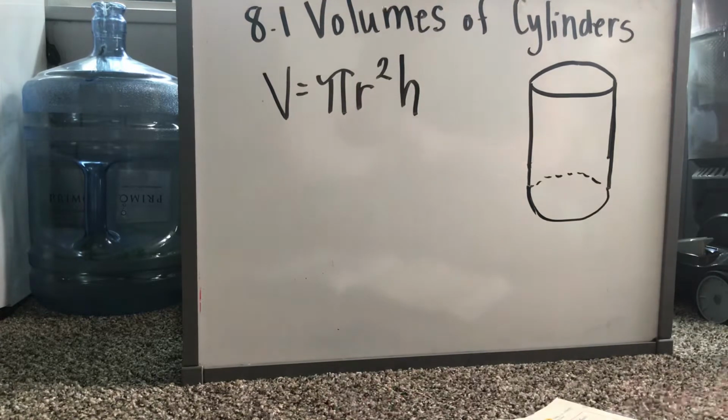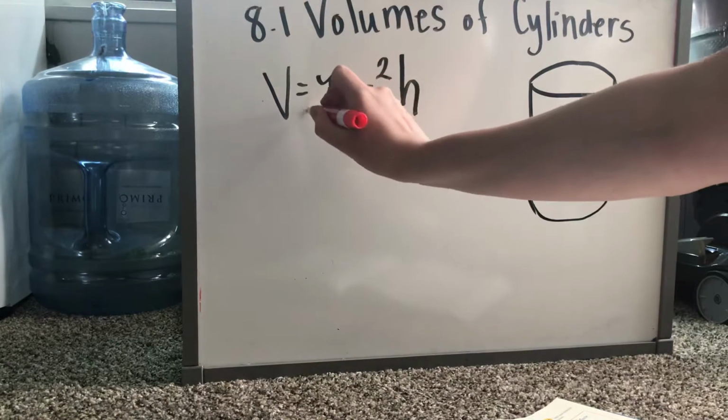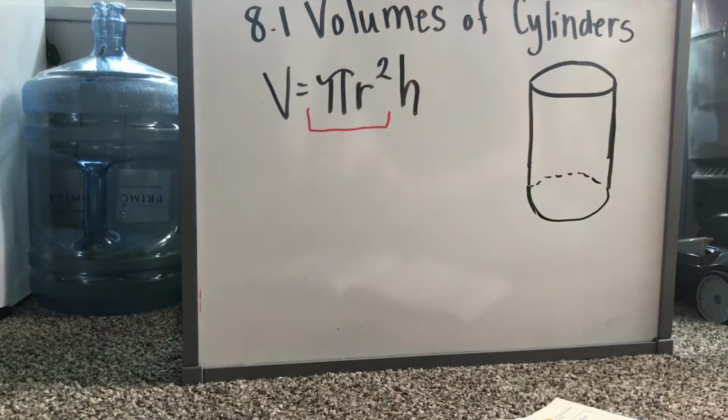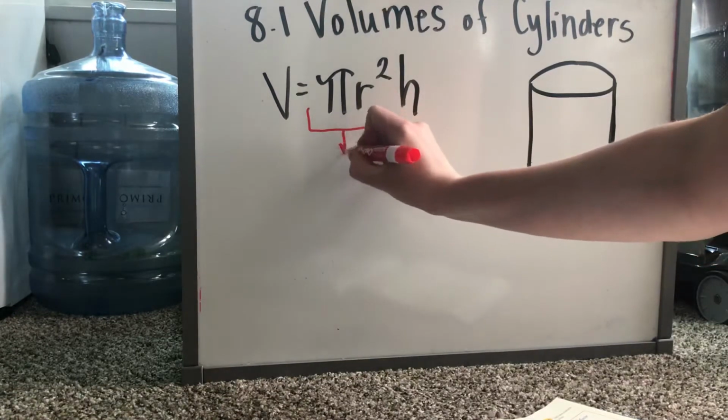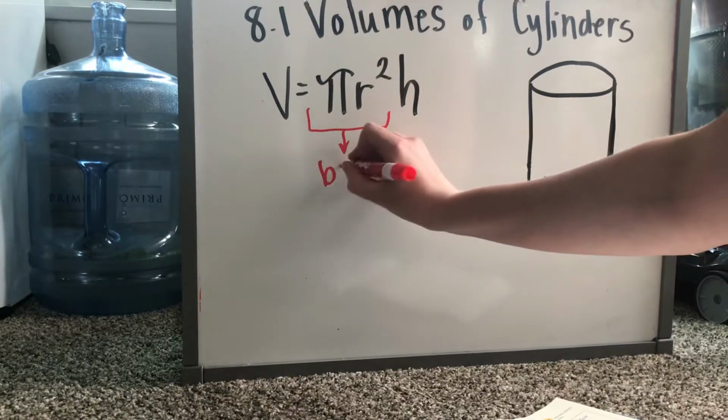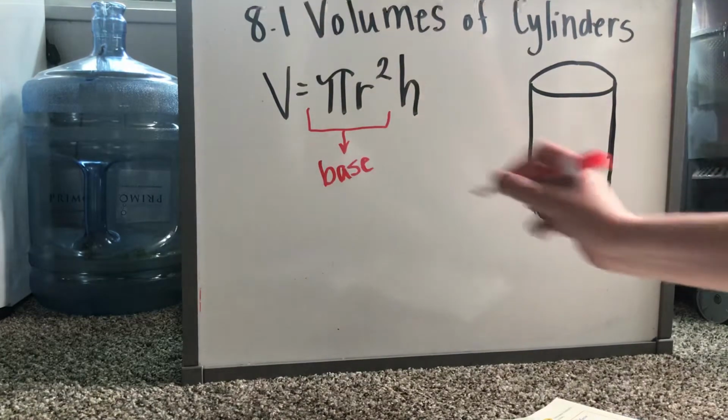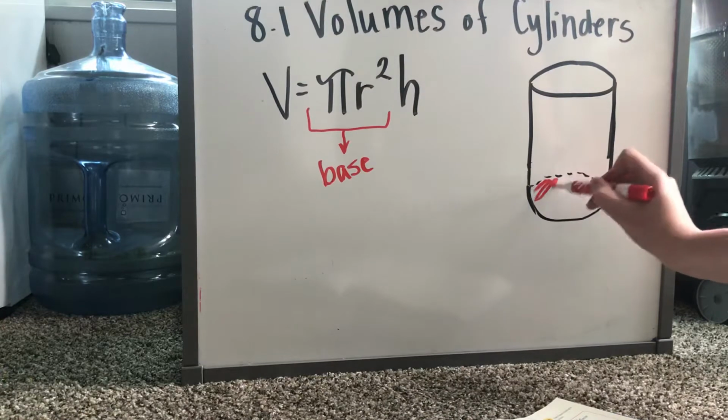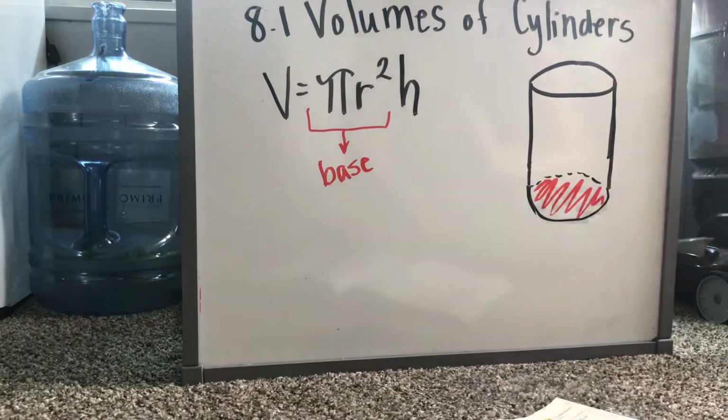So there are two parts to finding the volume of a cylinder, and the first part is pi multiplied by radius squared, and that is coming from our base. The base is this bottom part over here, which, even though I didn't draw it perfectly, is meant to be a circle.